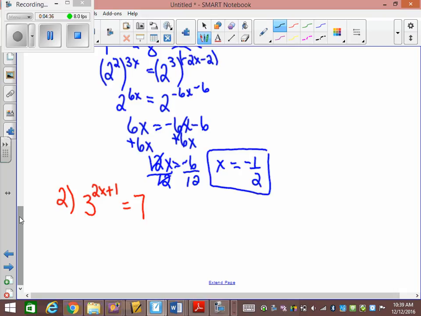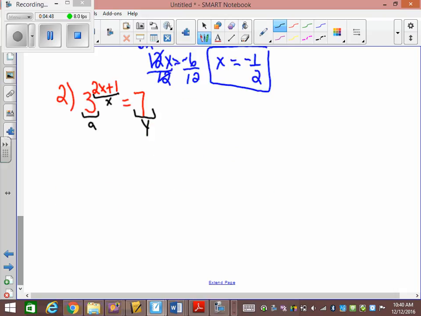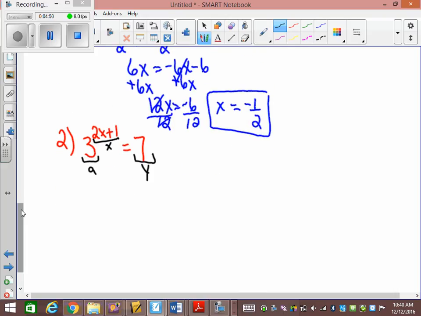Yeah. Convert it to a log. So I go to my formula sheet, which you'll have tomorrow, and you're going to have y is by itself, the base is always a, the exponent is always x. And so then I write out my formula, which is y equals log base a of x.